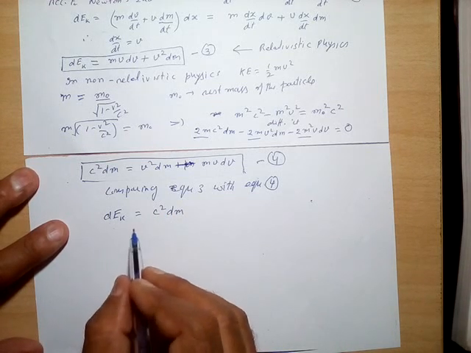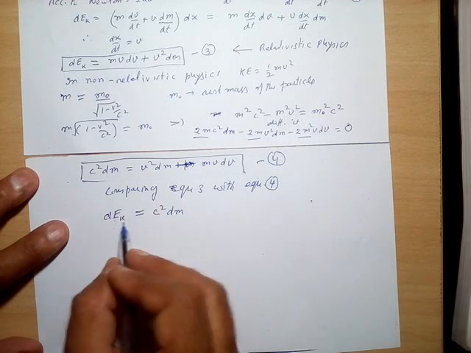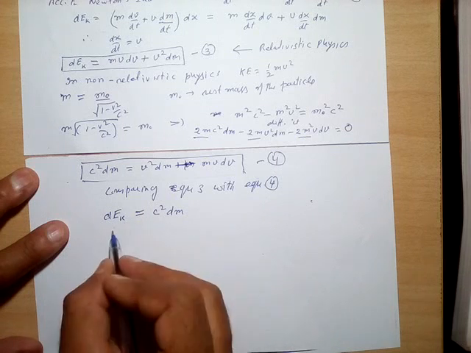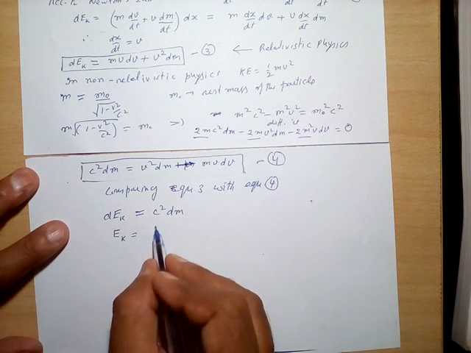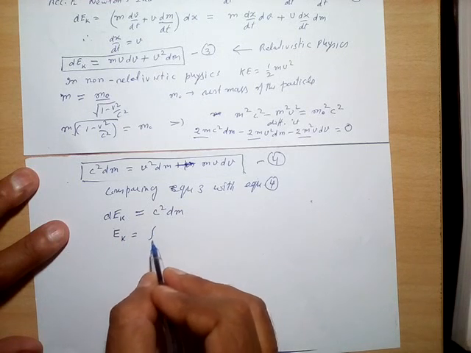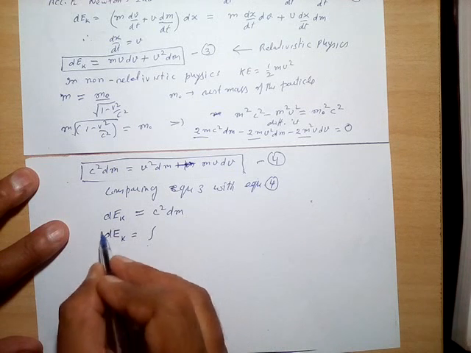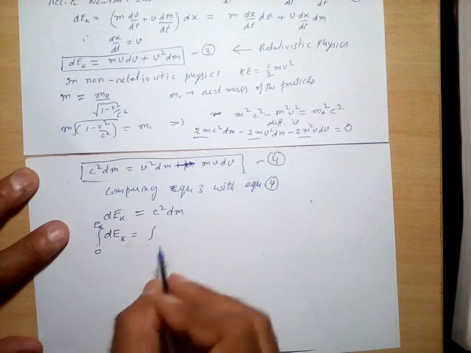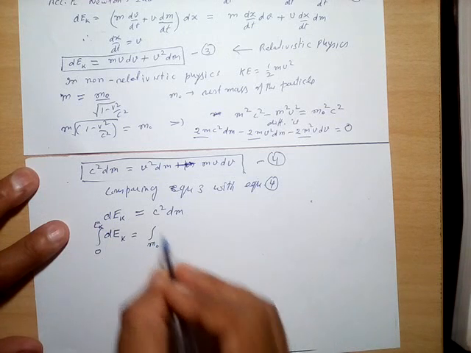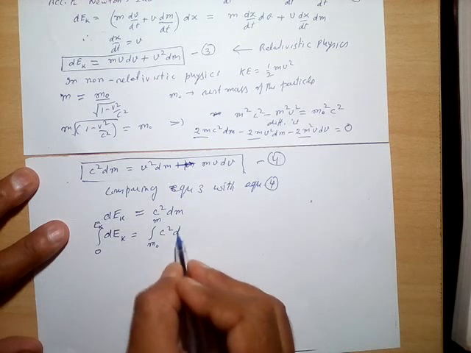Now in order to find the expression for the total kinetic energy Ek, we integrate, where the kinetic energy changes from 0 to Ek and the mass changes from m naught to m, of c square dm.